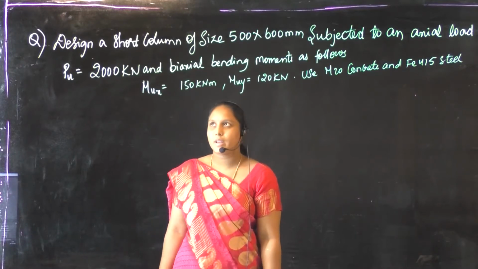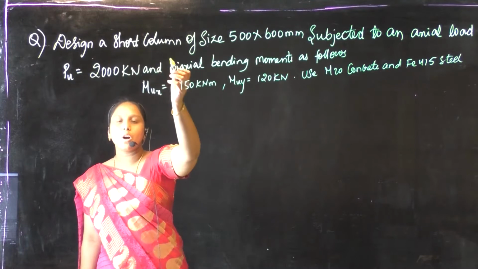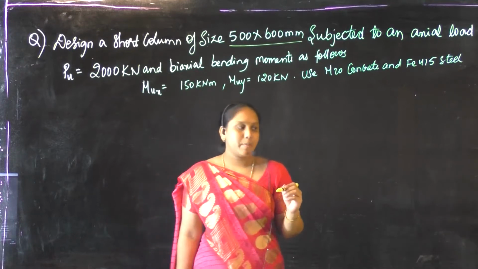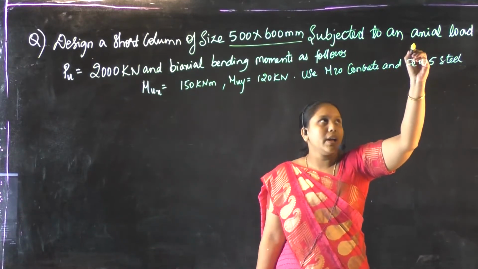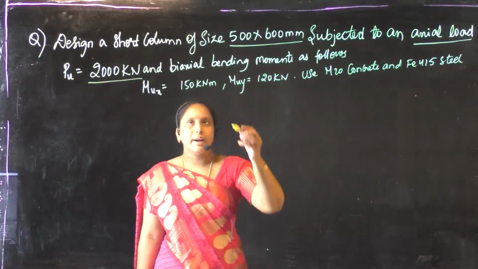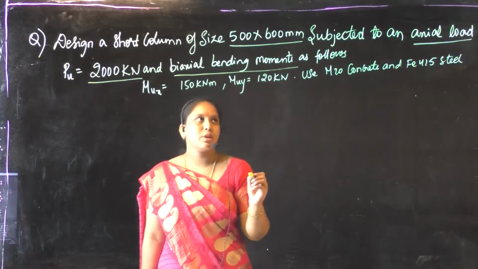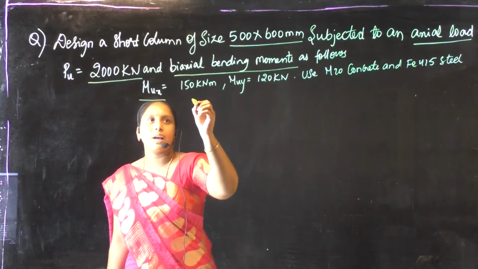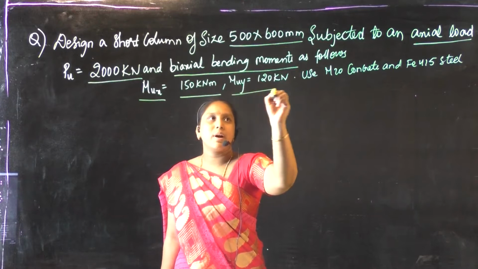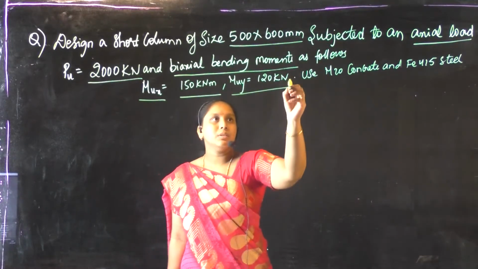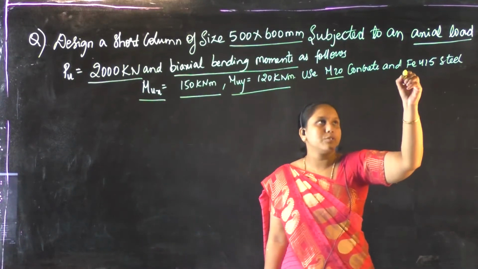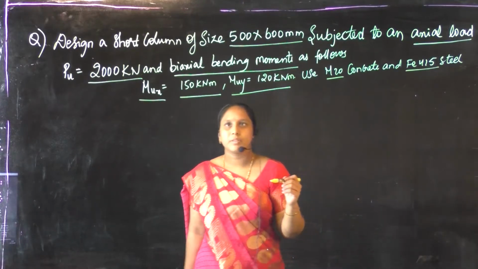The question given here is: design a short column of size 500 mm by 600 mm subjected to an axial load of 2000 kilonewtons, and the biaxial bending moments are also given, which is MUX as 150 kilonewton meter and in the y direction, that is MUY, as 120 kilonewton meter, and the grade of concrete is given as M20 and the grade of steel is given as Fe 415.